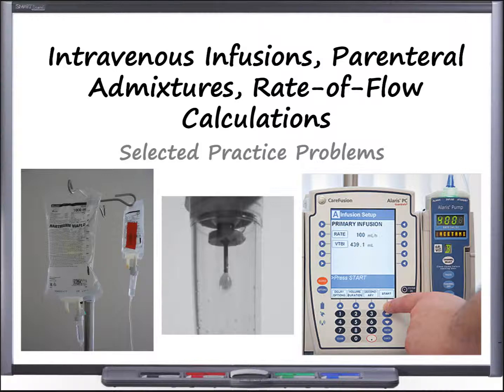Now, IV push administration is usually conducted in 1 to 5 minutes, depending upon the medication, and these medications are usually in syringes and have relatively small volumes of anywhere from 1 to 10 milliliters.